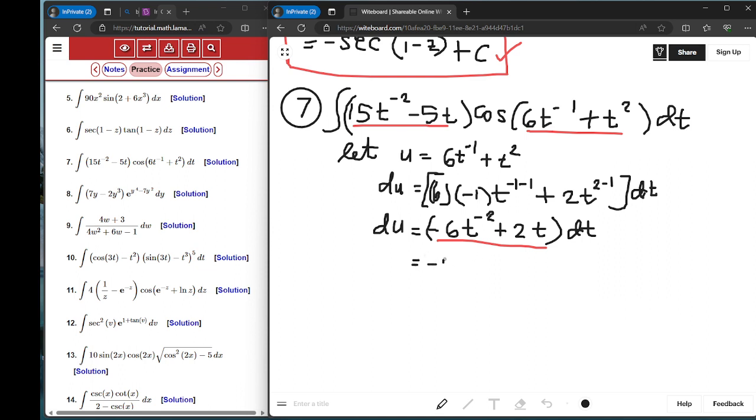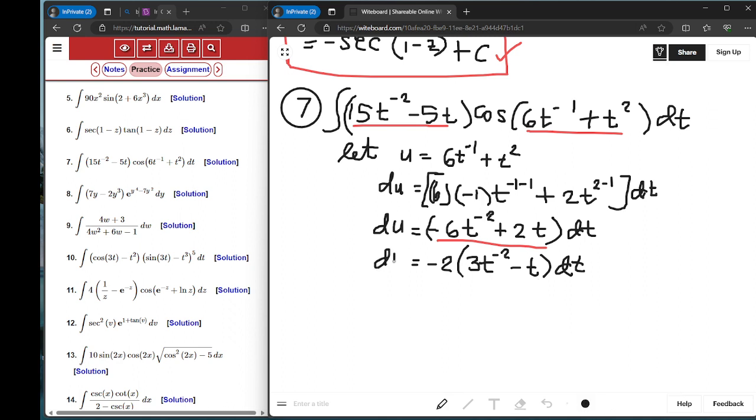So we have negative 2 times 3t to the negative 2 minus t. Why is this? If we multiply back negative 2, this becomes negative 6t to the negative 2, and negative times negative is positive 2t. So we did not change the real value of these terms, we just rewrote them in a different form, but they have the same value.